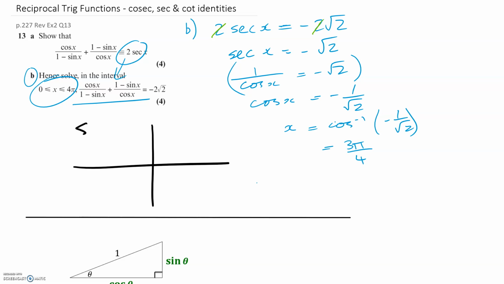So I would do it like this, and then 3 pi over 4 is going to be over in this quadrant here, because this is pi over 2, this is pi, this is 3 pi over 2, this is 0 or 2 pi.